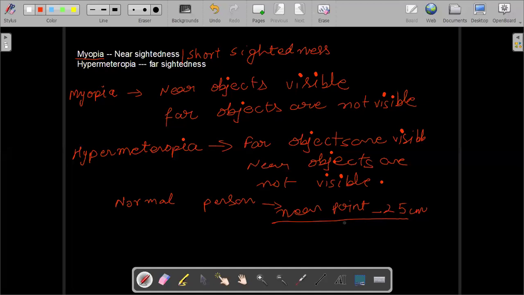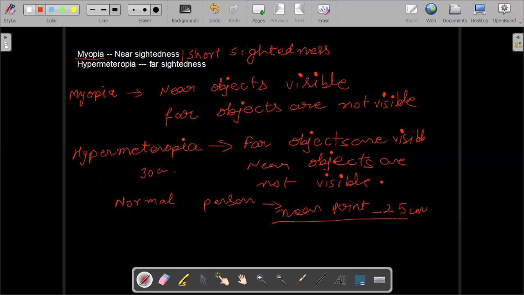So he can see the object which is placed near. Yeah, see, a normal person can see the objects at 25 centimeter. But a hypermetropic person cannot see the object at 25 centimeter. Maybe he is able to see only up to 30 centimeter.